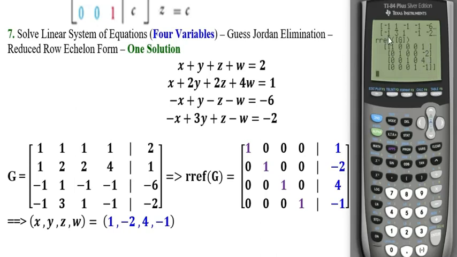That means x equals 1, y equals minus 2, z equals 4, and w equals minus 1.